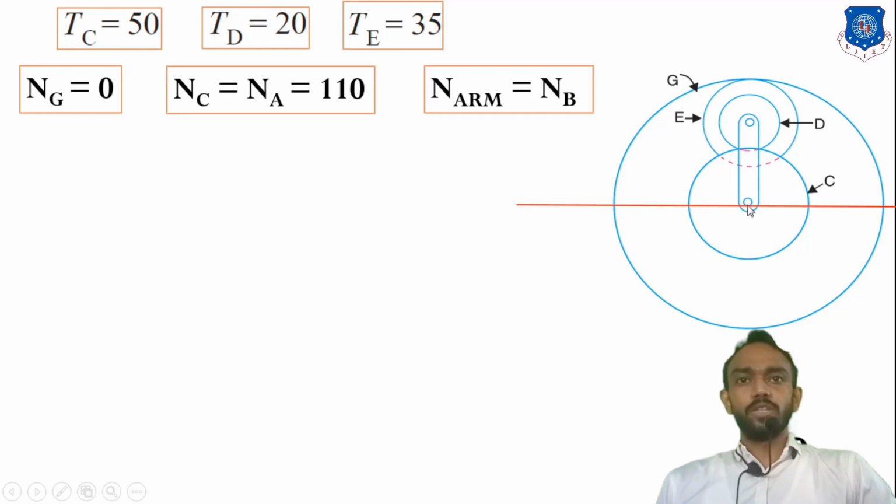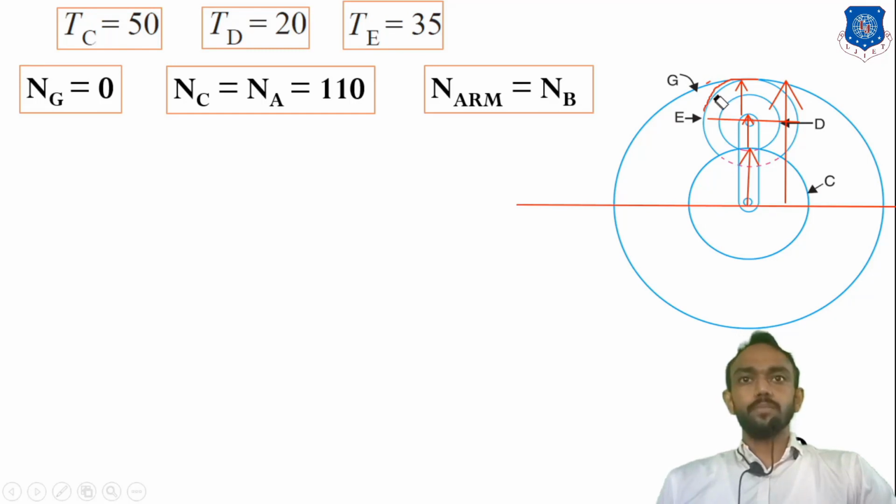Check this: the radius of C plus the radius of D plus the radius of E, and this total is equal to the radius of G. You can see here radius of C means half, we go up to this point, then the radius of D, and from there to the end point, the outer gear.